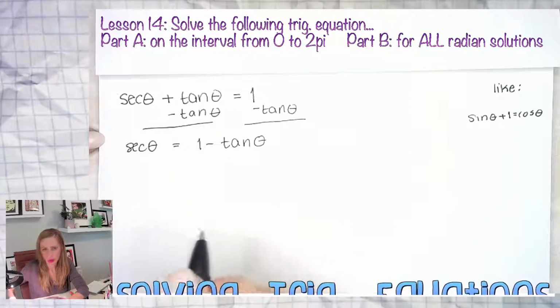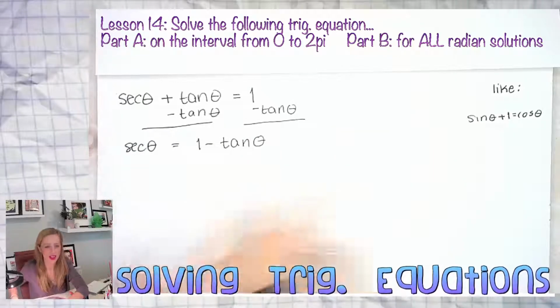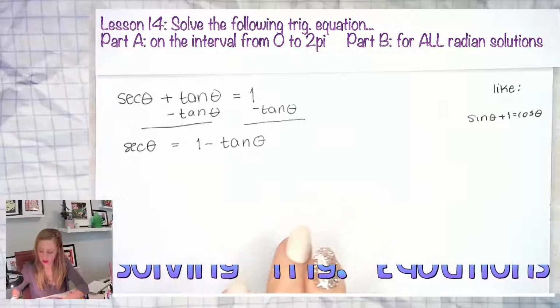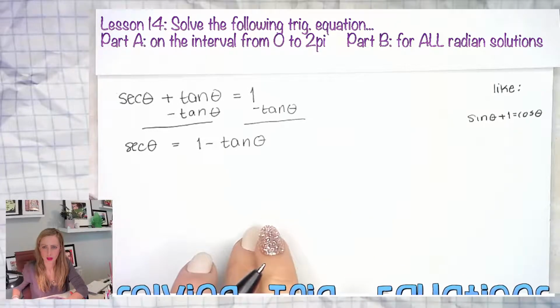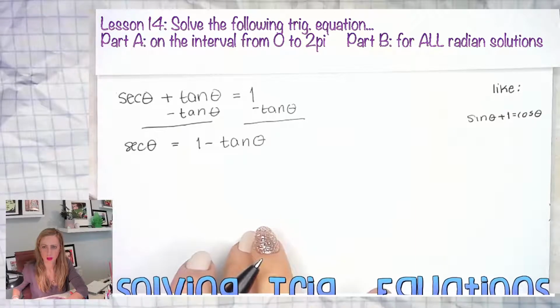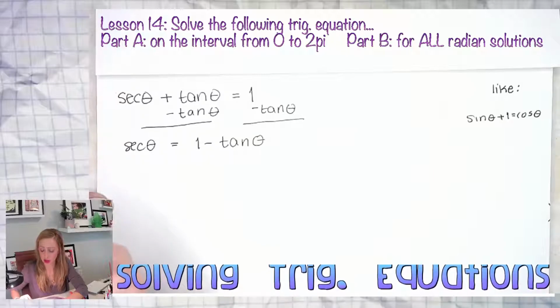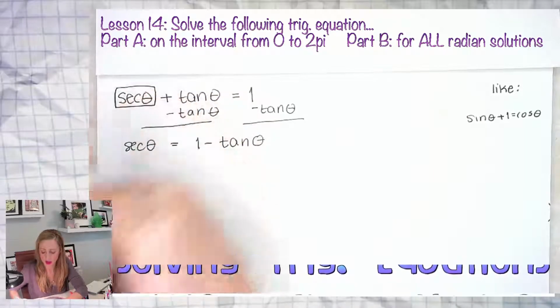I had a question, but then I answered it myself. Okay, what was it in case somebody else is thinking it maybe? I was gonna ask, why can't we just change the secant to 1 plus tangent squared? Okay, good question. So think about what Jeremiah just asked. He wanted to know, well, why don't we just change secant theta into 1 plus tangent squared?